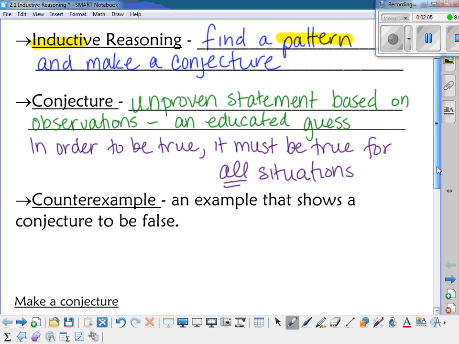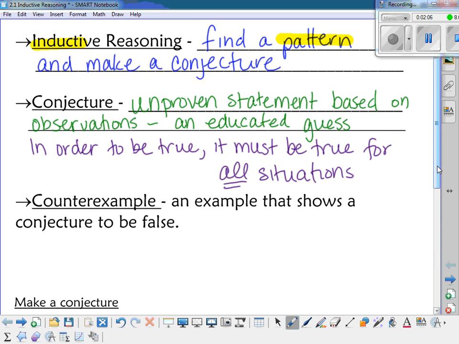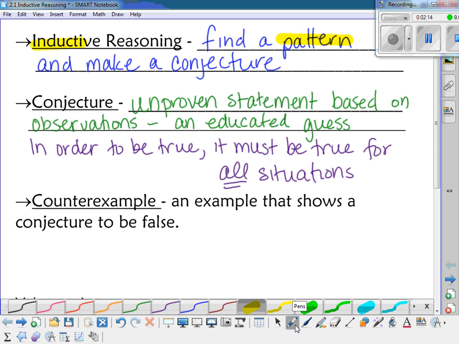And the last term I need to talk to you about is a counterexample. A counterexample is an example that would show that a conjecture is false. And as soon as just one thing can show it's false, then we know the conjecture is false.